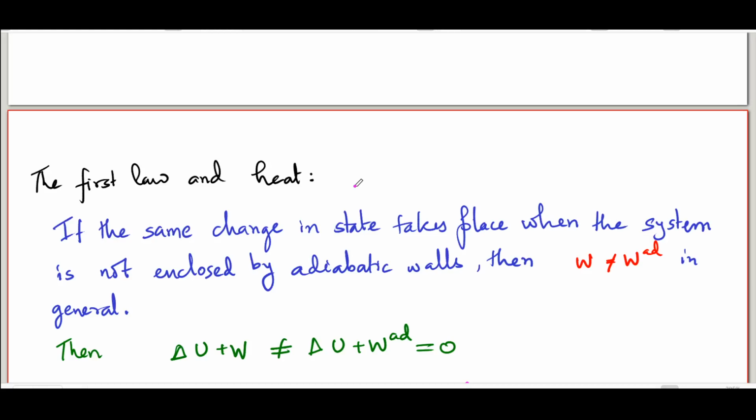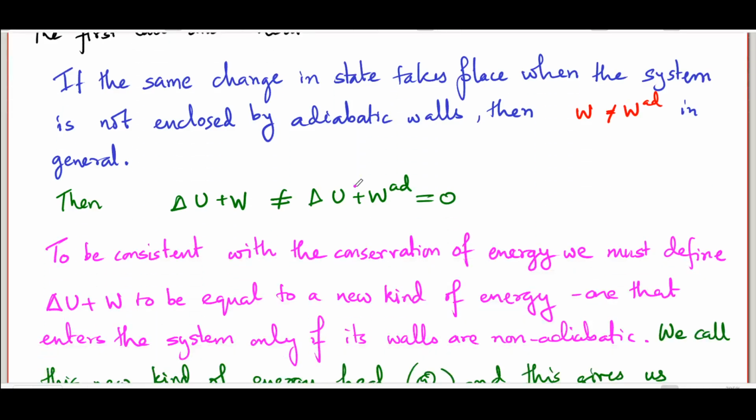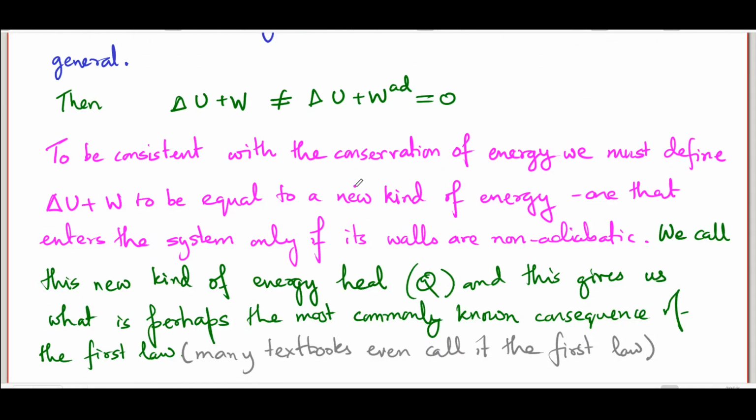However, if there is some other means by which energy can come into the system, and that is of course a kind of means that's available only if the walls are not adiabatic, remember, that is what our basic condition is here, then this new kind of energy will come in, and that balances out the books for you. So this is one kind which enters into the system only if the walls are non-adiabatic, and we call this new kind of energy heat.